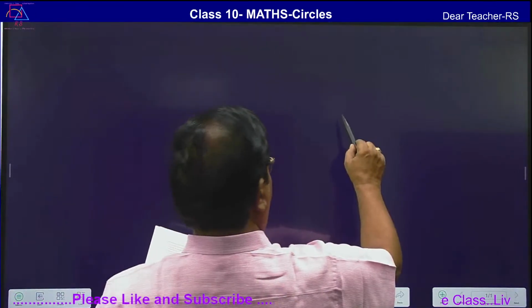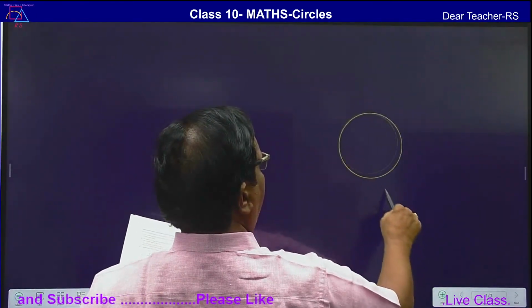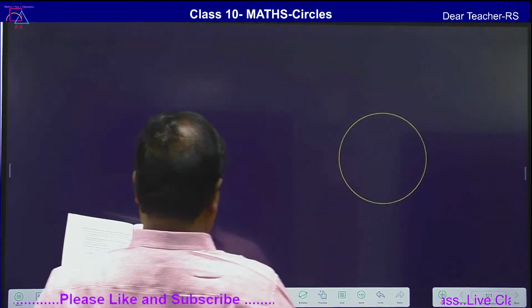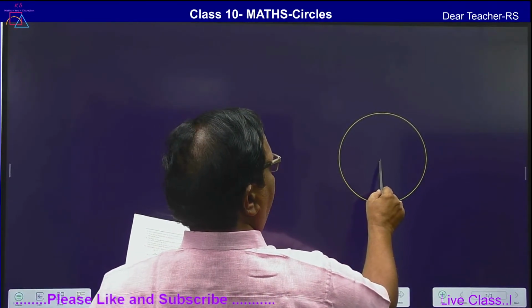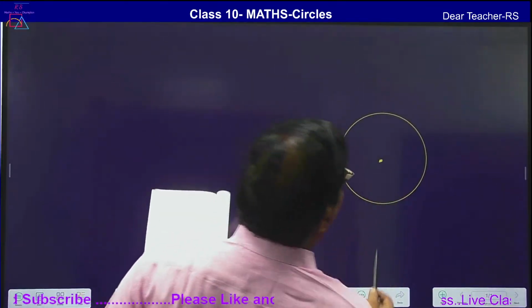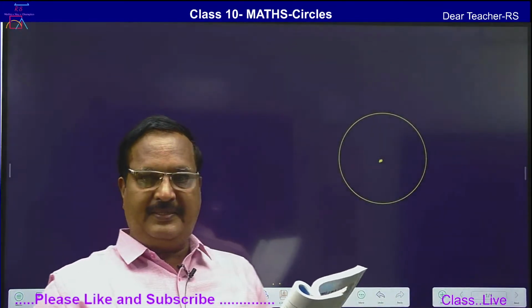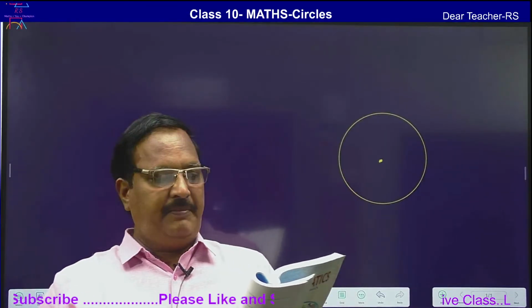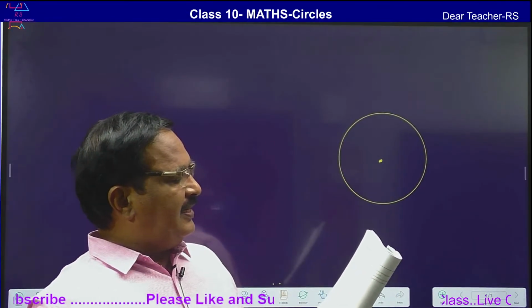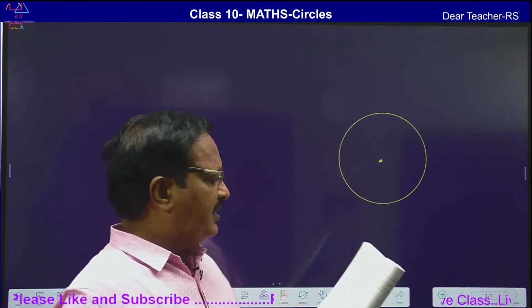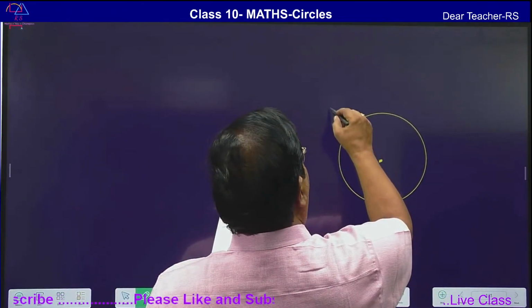So let me draw a circle, okay, and center. I don't know why center is exactly in the middle or not. So a quadrilateral ABCD is drawn to circumscribe a circle.